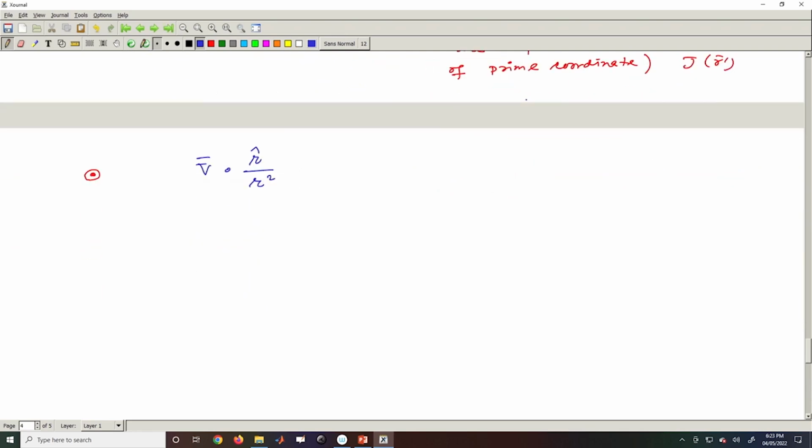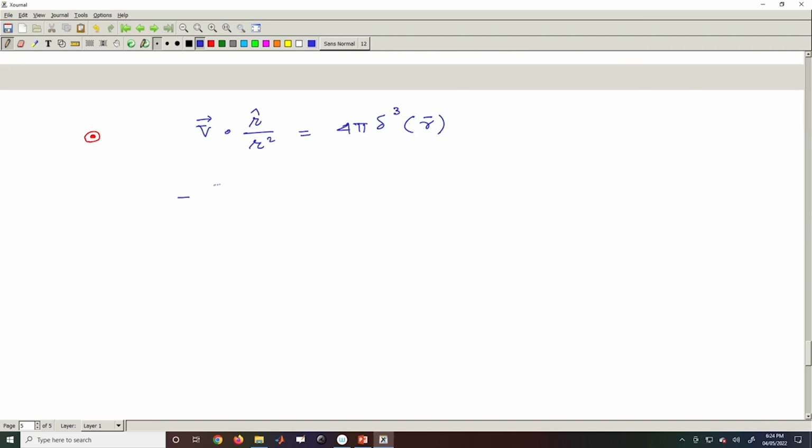We derived it in the initial few classes, that is 4 pi delta cube r.